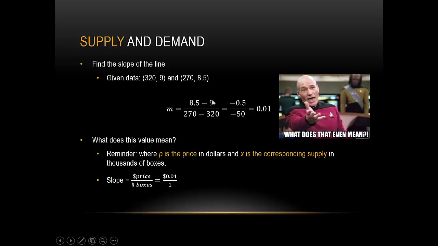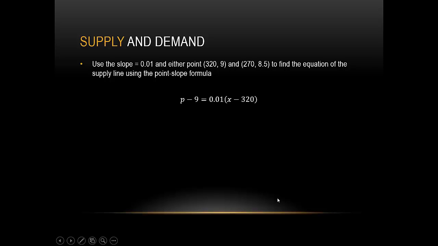What was this top variable? That was my price in dollars. And this bottom was the number of boxes. So basically, you can see this is the change in price per box. And this is why we like to write these out as fractions.